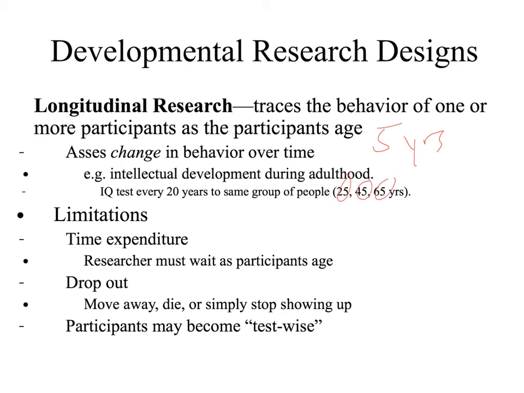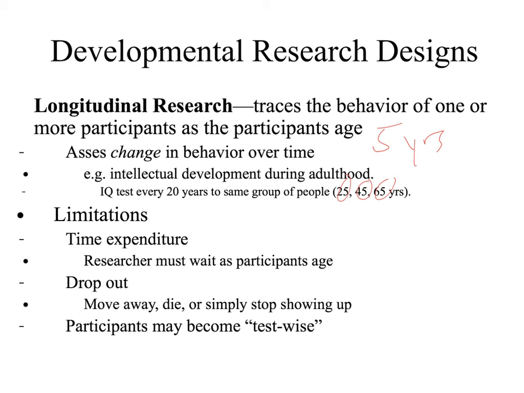At the end, I would have an understanding of how their intelligence progressed throughout their adolescent years and through middle adulthood and even past that point. The problem with this is that, as you may have guessed, I'm currently 31 years old, and I would probably die by the time these 5-year-olds would get to 65.